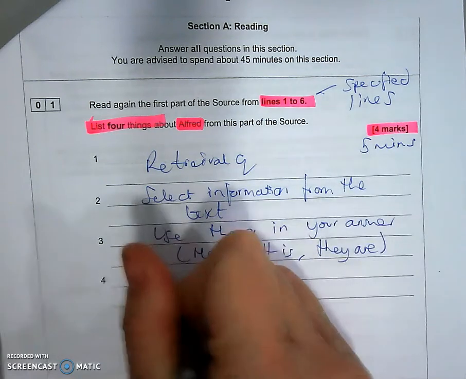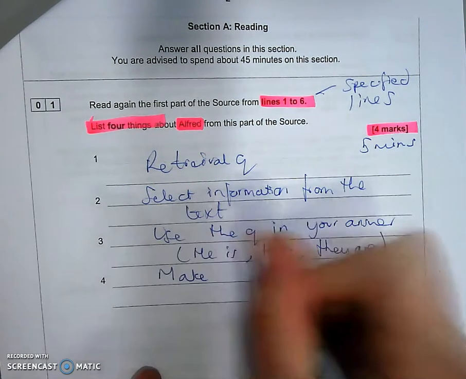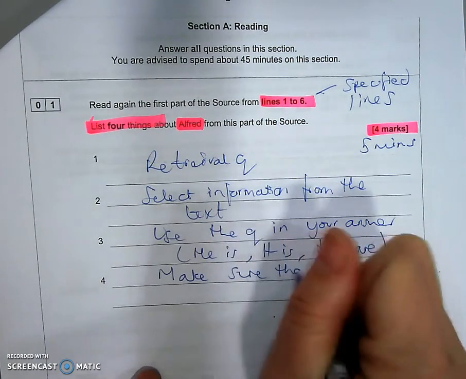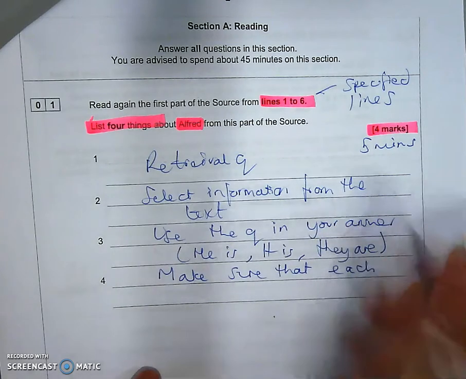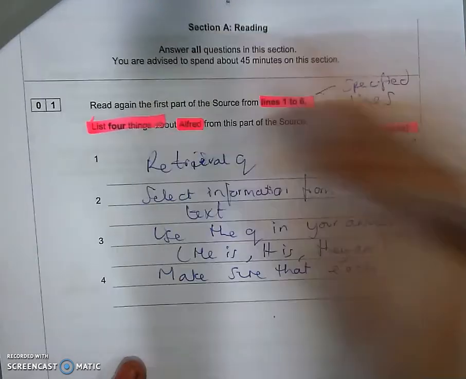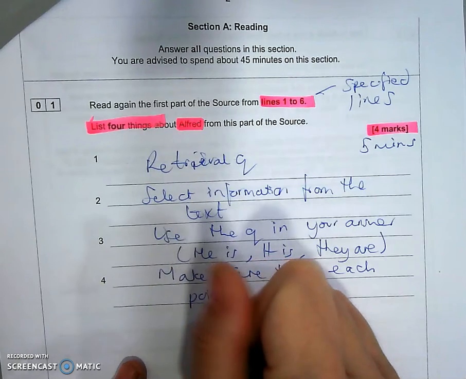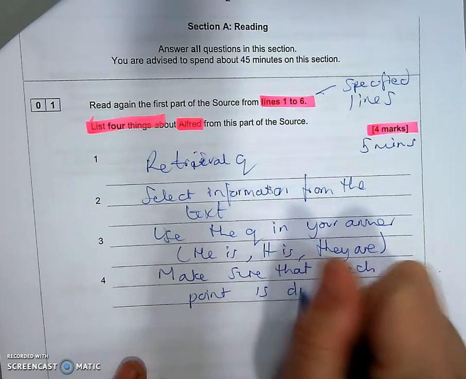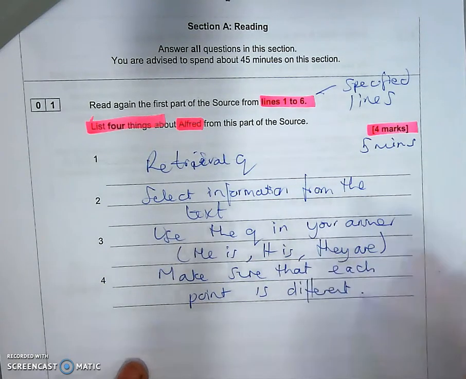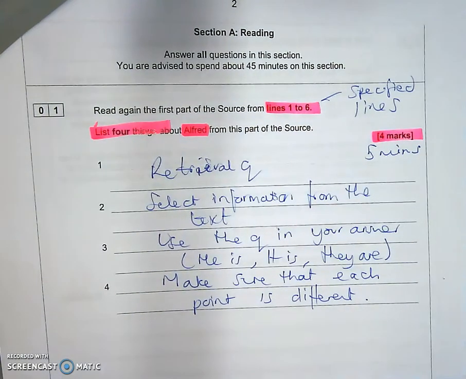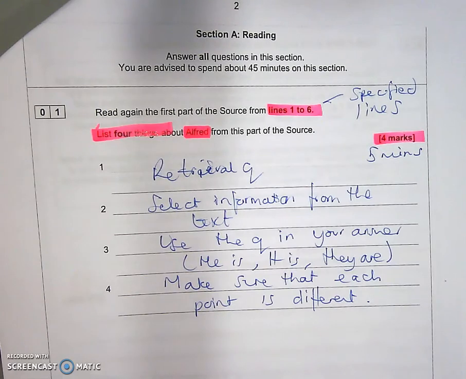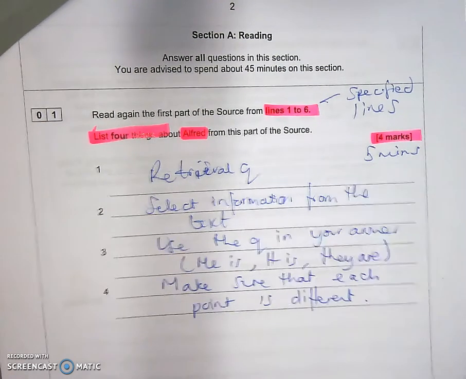And also make sure that each point is different. We've selected our 4 things about Alfred from the part of the source. You can paraphrase, you can quote directly from the text. Get that one out of the way as quickly as you can.